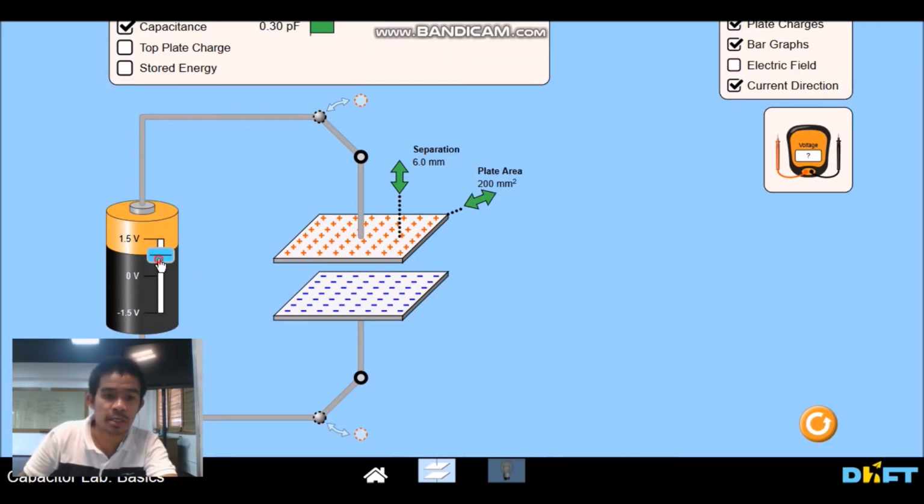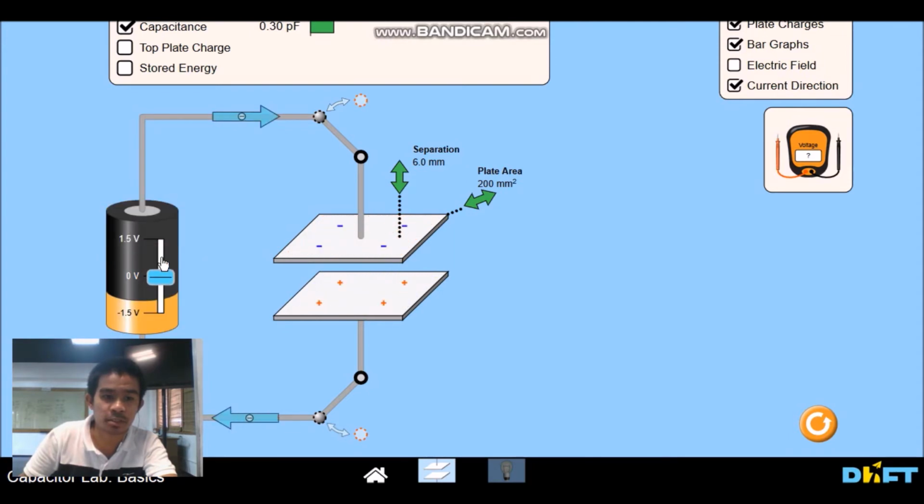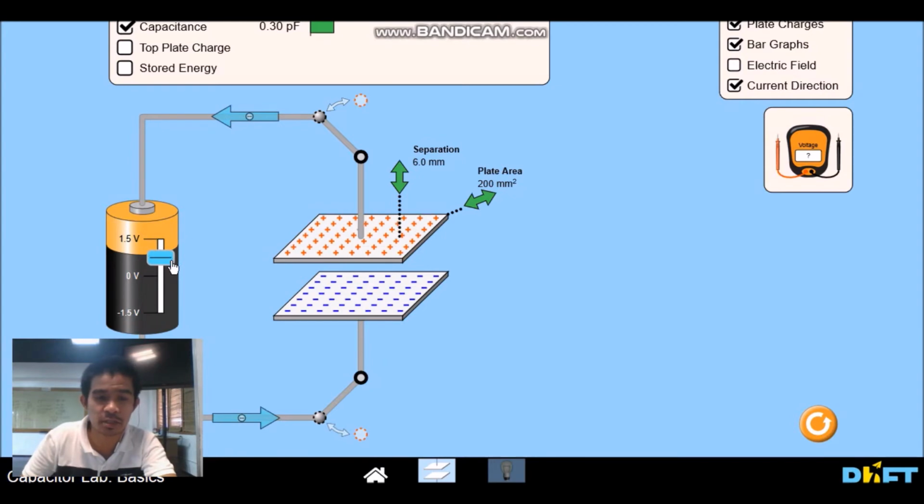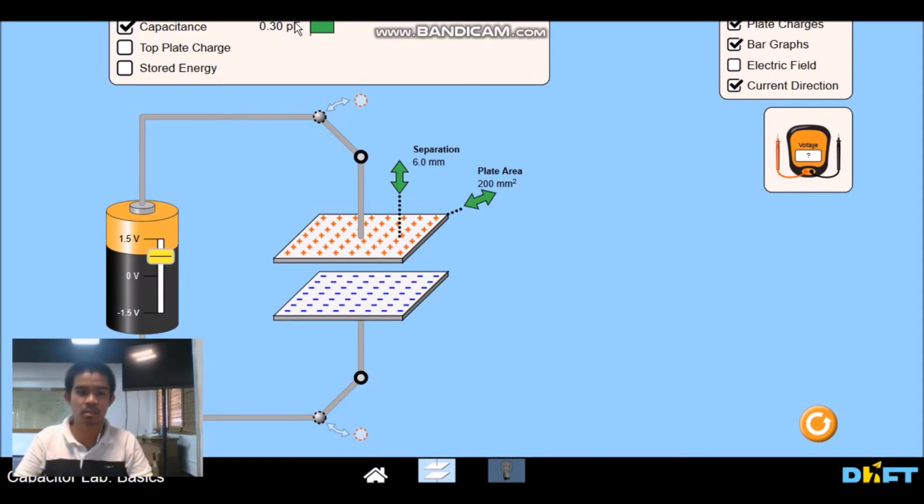Now, no matter how I increase or decrease the potential difference between them, no matter if I increase the charge density of these two plates, the capacitance is still the same, which is 0.3 picofarad. So what are the factors that can affect the capacitance of a capacitor?